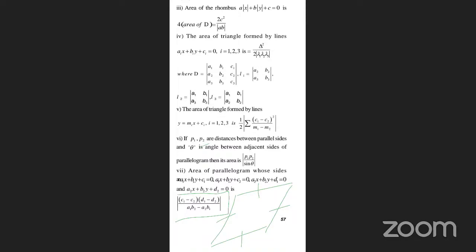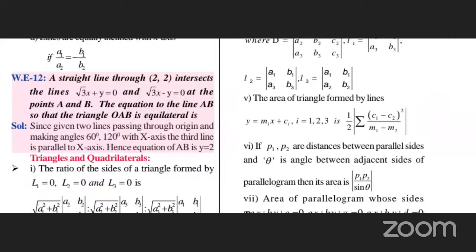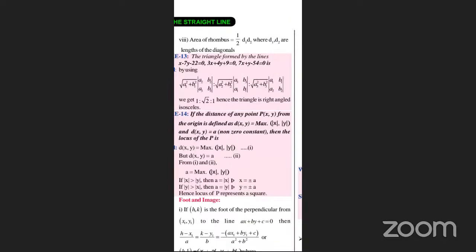So is it clear, dear students, the area of different quadrilaterals? We discussed today the area of a parallelogram. Of course, there is one more we'll be discussing: area of a rhombus. When they give the lengths of the diagonals, you know how a rhombus is formed, no?